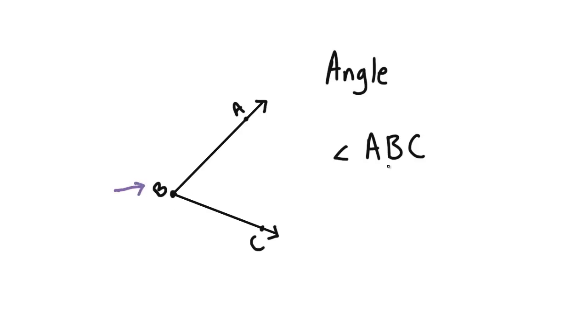The important thing about the vertex is that when you write it out, it has to be in the middle. So here we label it as angle ABC, and B has to be in the middle. You can also label this angle as angle CBA, which refers to the same angle, but again B has to be in the middle.